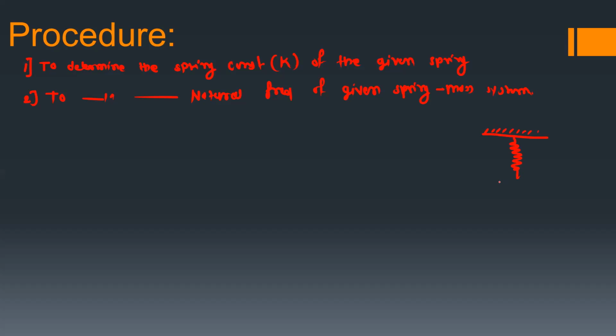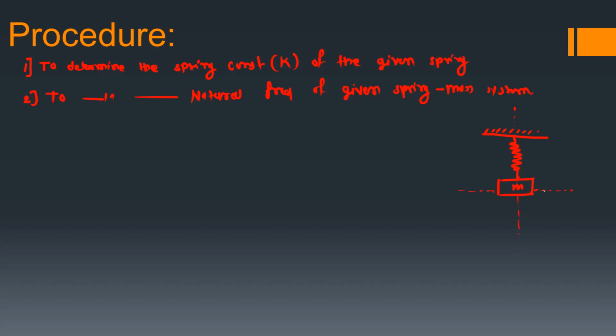This is the simple spring mass system, and this is the axis of that system. Suppose this dotted line represents the static equilibrium, that is the mean position.